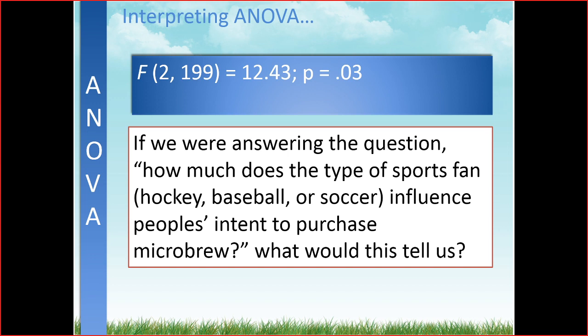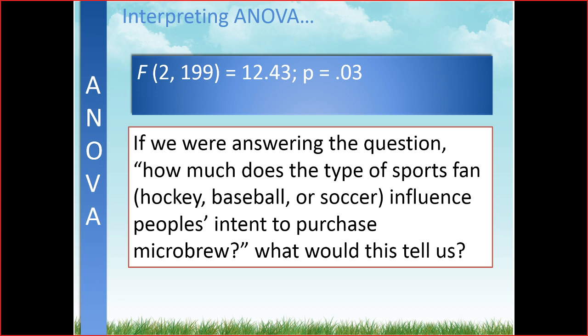So if these were our results, and if we were answering the question, how much does the type of sports fan influence people's intent to purchase microbrew, what would this tell us? Well, it tells us that there is a significant difference in terms of the type of sports fan and their intent to purchase.